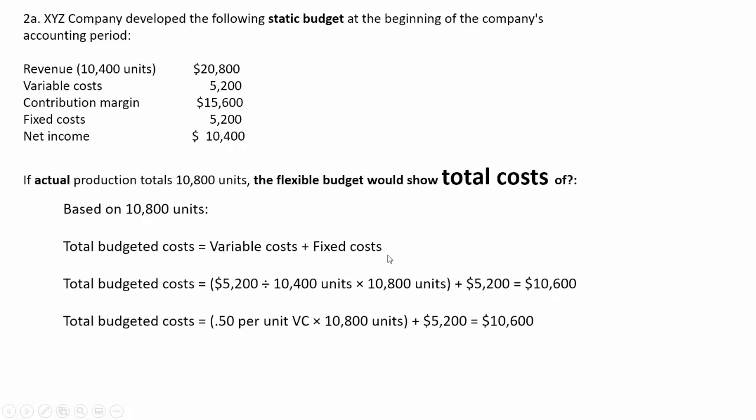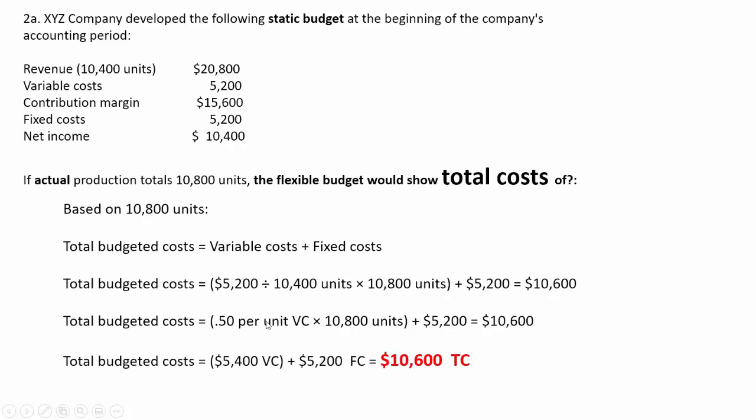So the next step you would do, once you divided the 10,400 units into the $5,200 total variable cost, you would get a variable cost per unit of 50 cents per unit. Now that 50 cents per unit is going to be multiplied again times 10,800, and that's the total variable cost piece. The $5,200 would be the fixed cost piece.